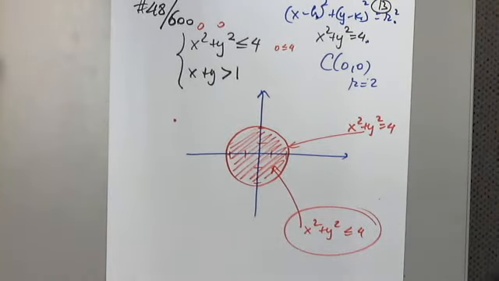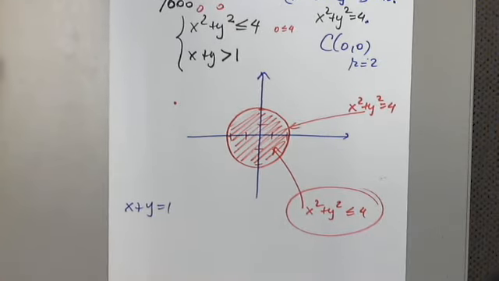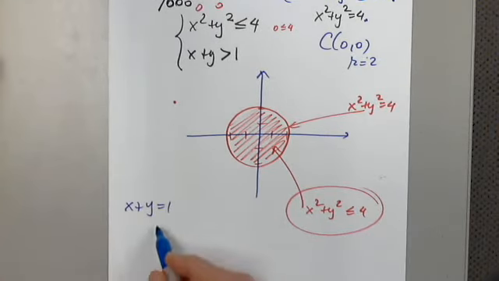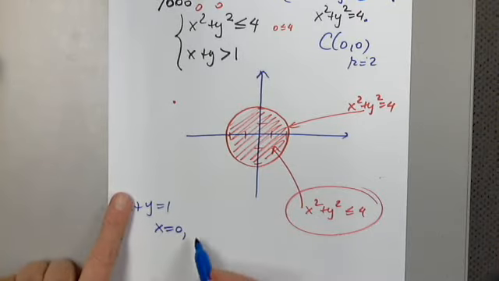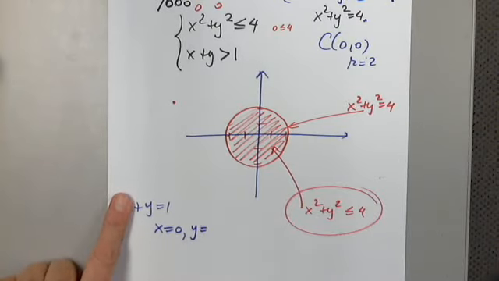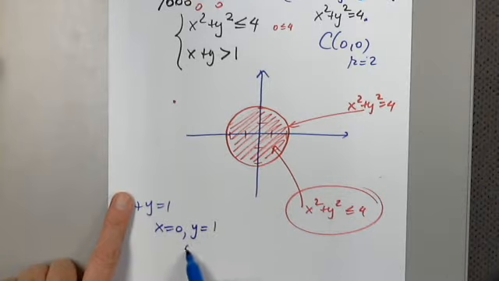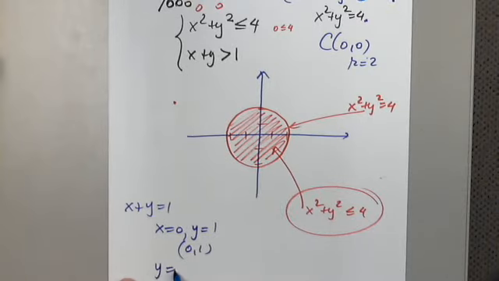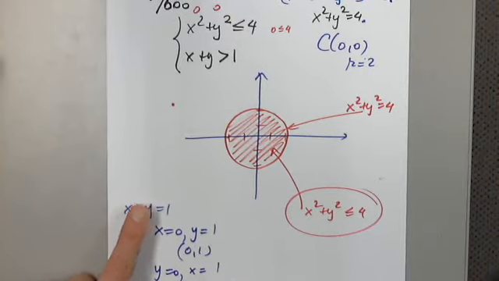Now I will repeat for x plus y equals 1. Now this is a line. When x is 0, how much is y? So it's (0, 1). When y is 0, how much is x? 1. So (1, 0). Good, so let's graph.